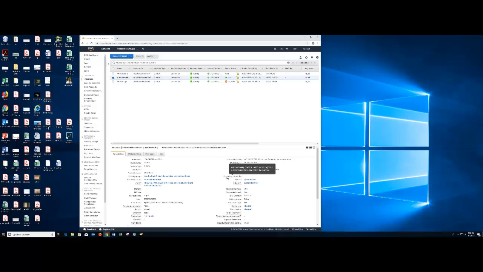This is based on Red Hat Linux. And then we also set up a storage server, which is based on the Windows platform, for additional storage and use as we move forward.